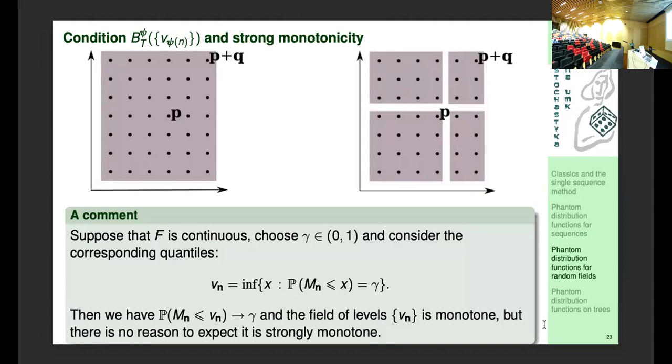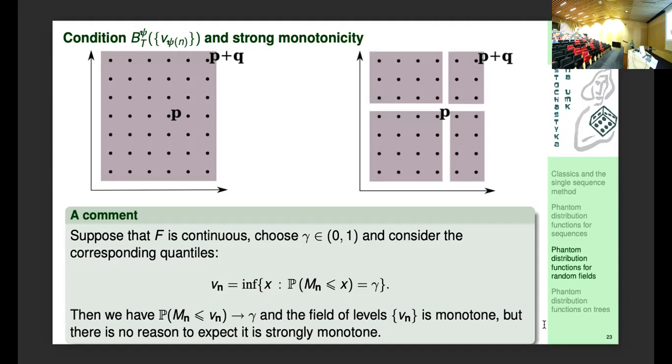Then trivially we have convergence, and this field of levels is monotone. It means if we take n bigger, so a bigger rectangle, then clearly this field Vn is in proper relations. So it is monotone with gamma fixed, but there is no reason to expect it to be strongly monotone.